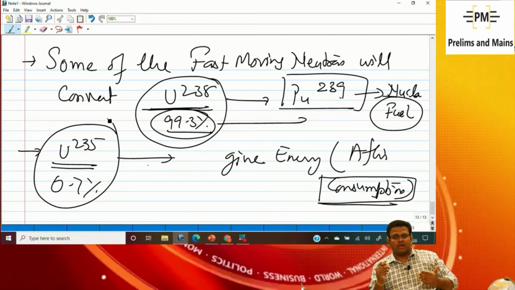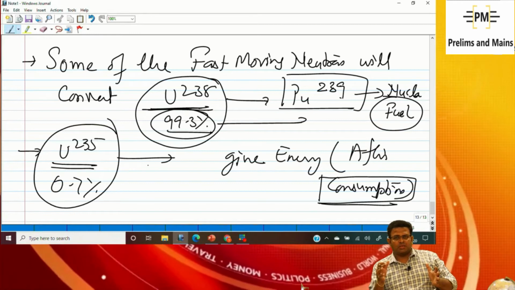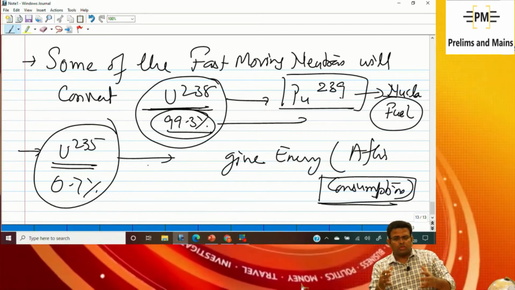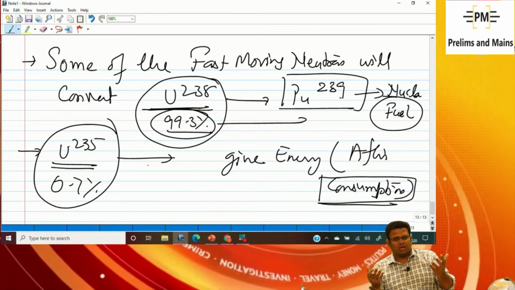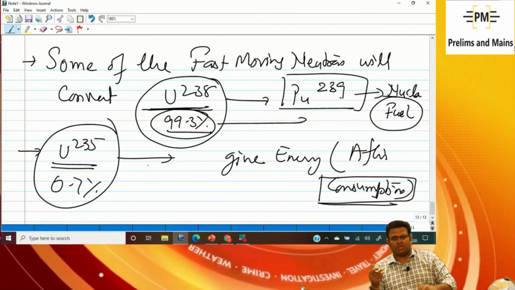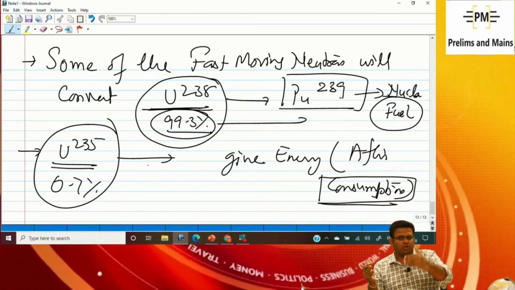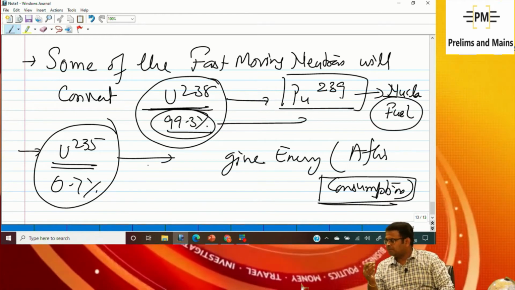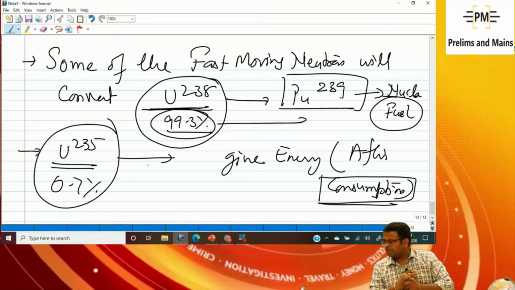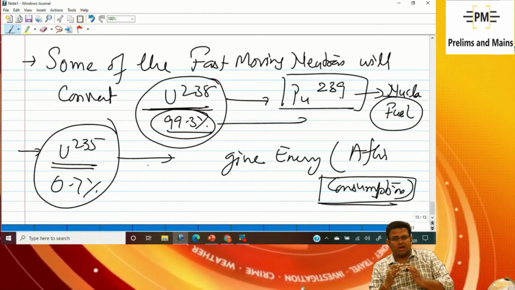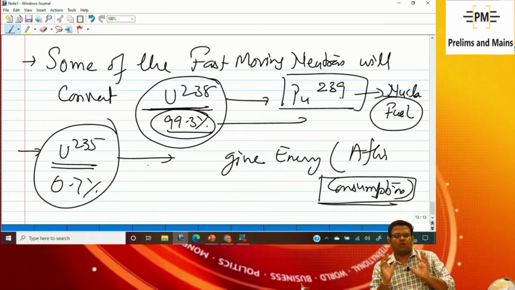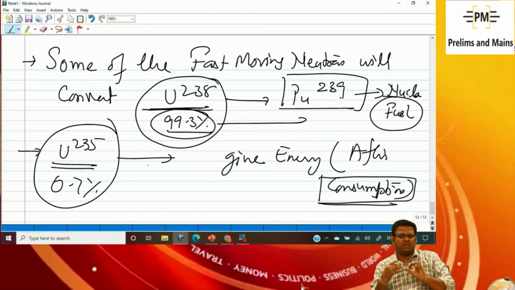Uranium-235 is higher in percentage, or which one will be higher? Higher in amount also or percentage, or are both the same? Uranium-235 or uranium-238? Everyone answer, because after that I will give one question and you will understand, oh, this is the fast breeder reactor, easily I can make.